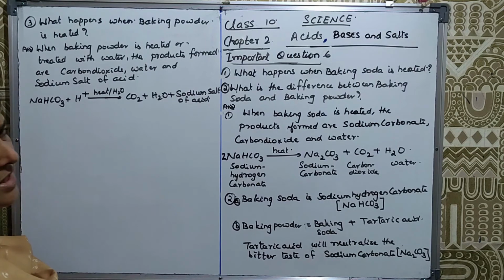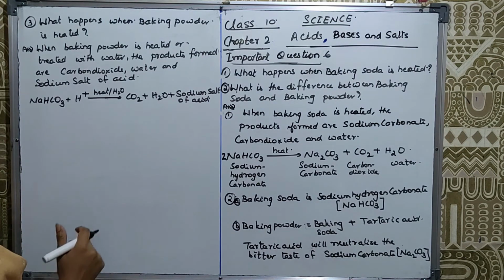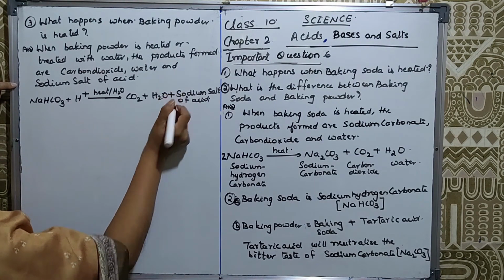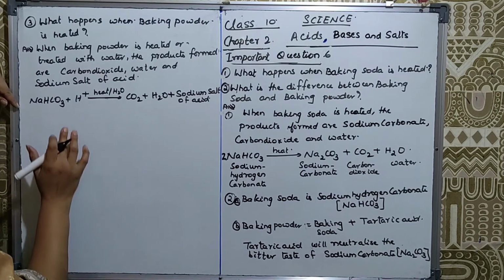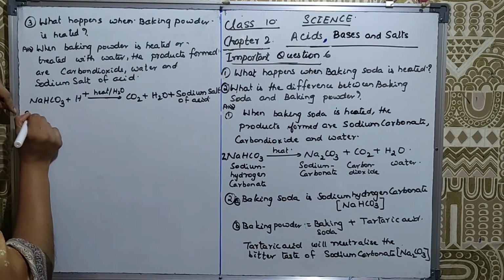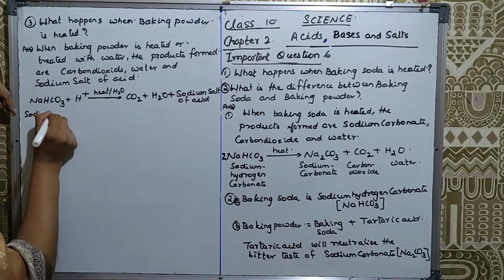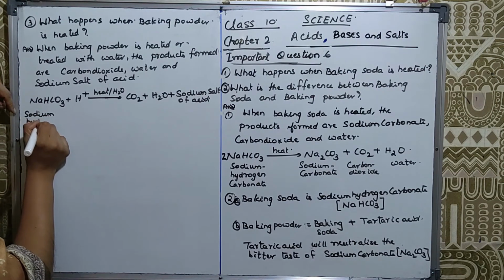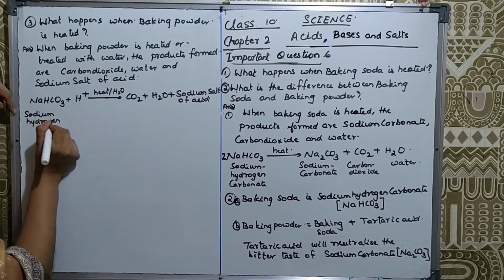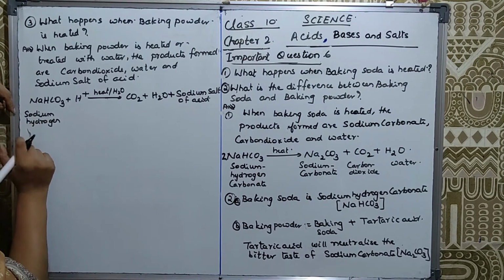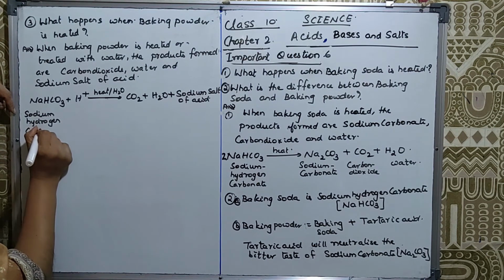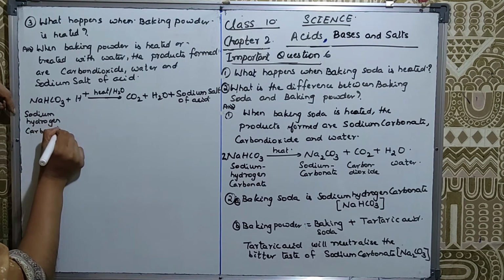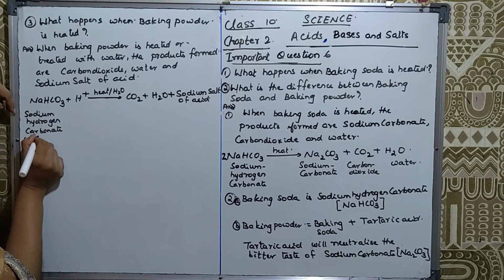This tartaric acid is a mild edible acid actually. Its source is tamarind. So here, sodium hydrogen carbonate alone is called baking soda.